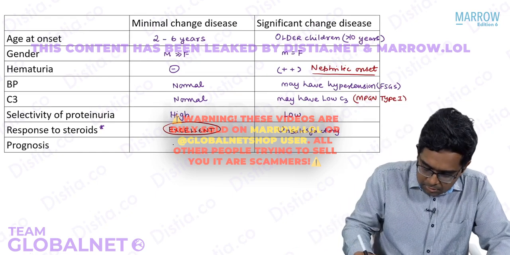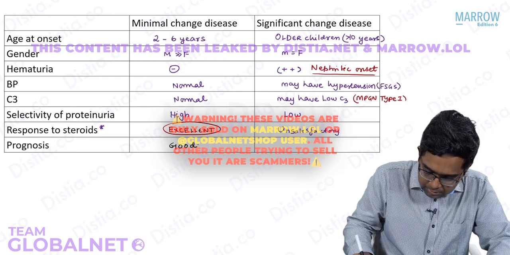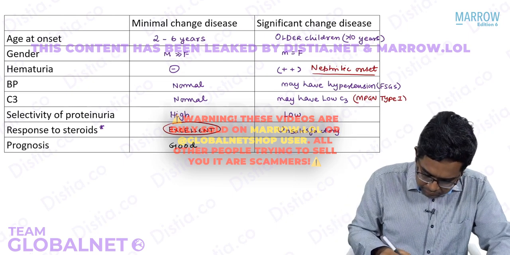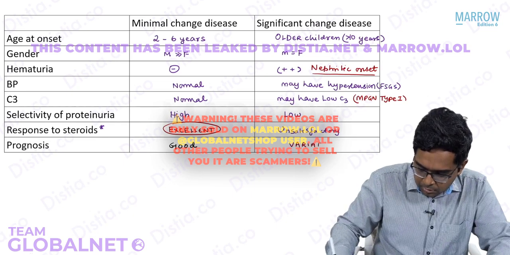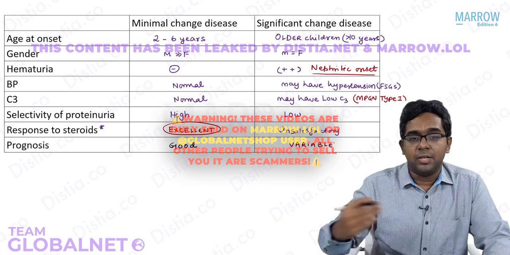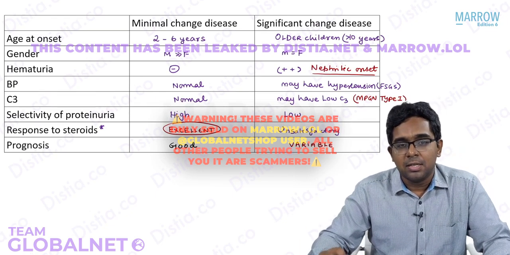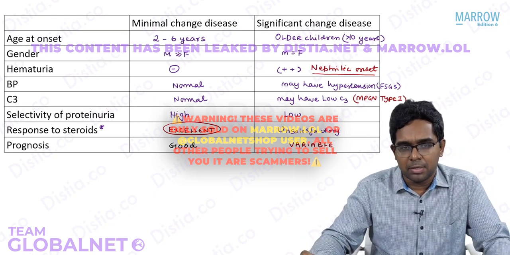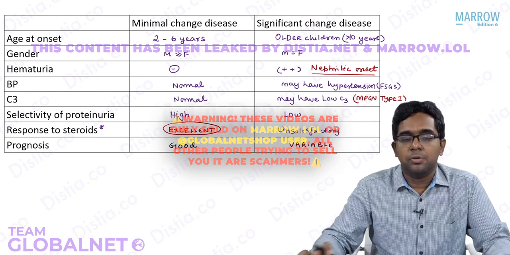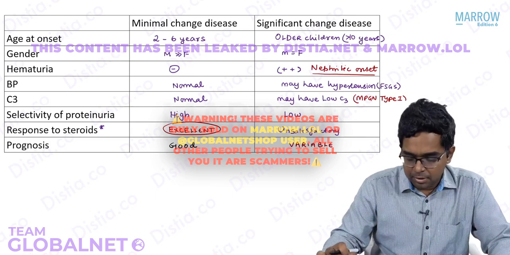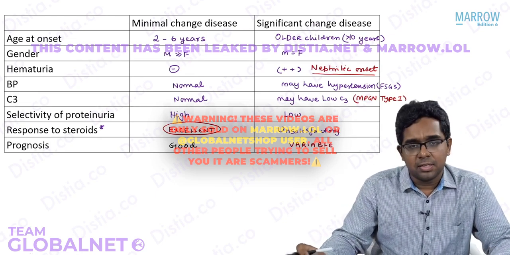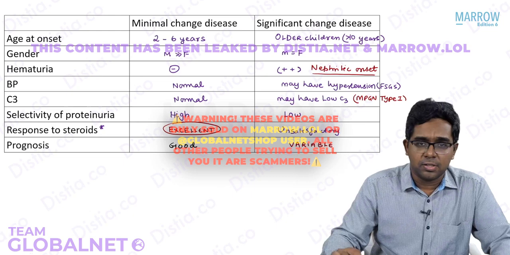In general, prognosis is good in case of minimal change disease, but in case of significant change disease, it's a very variable prognosis. Some of the conditions have a very bad prognosis like FSGS, and in some other conditions the prognosis is slightly better. However, always good prognosis is noted in minimal change disease. These are the important points of difference between minimal change disease and significant change disorders causing nephrotic syndrome in children.